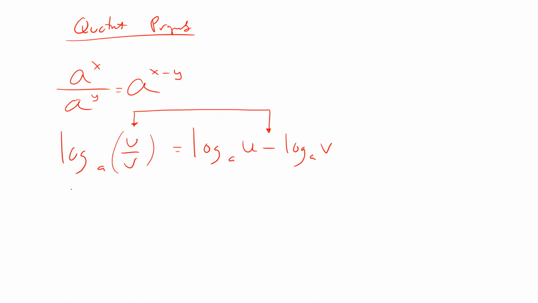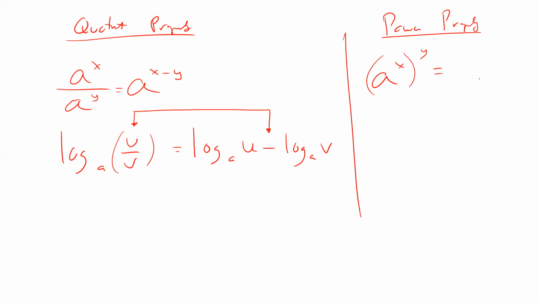So next one, something called the power property. Let's take a look at some examples here. What do you guys do when you do this and this from x? You multiply. Everybody agreed with multiplying?